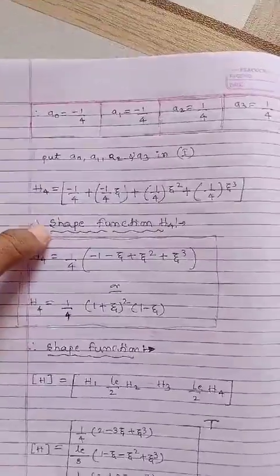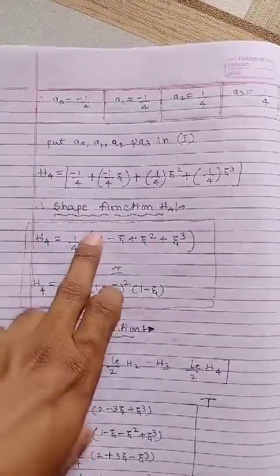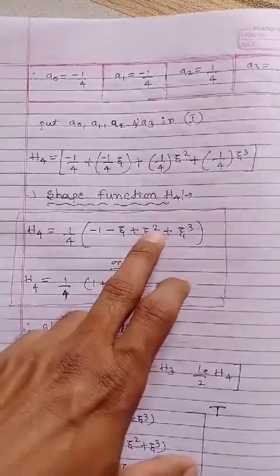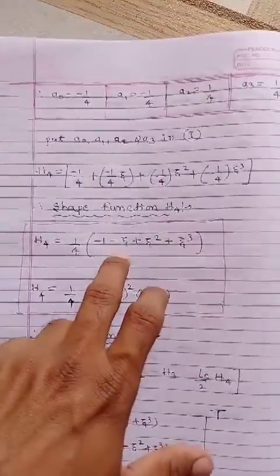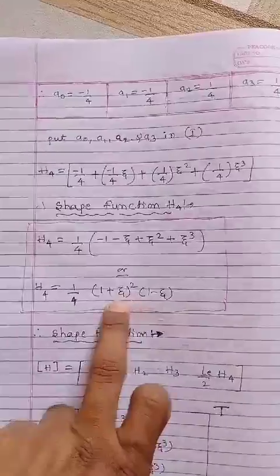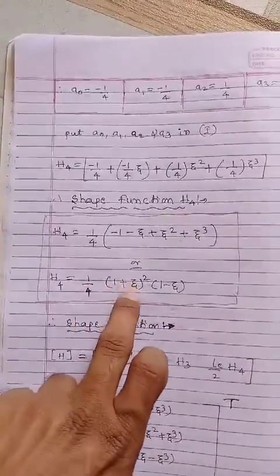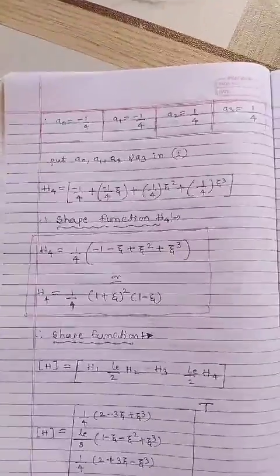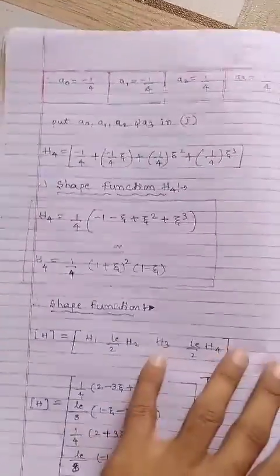Now the Hermite shape function of element 3 is 1 by 4 into 1 minus zeta plus zeta square plus zeta cube, or you can write it in a slightly different form, 1 by 4 into 1 plus zeta square into 1 minus zeta. So this is the Hermite shape function.